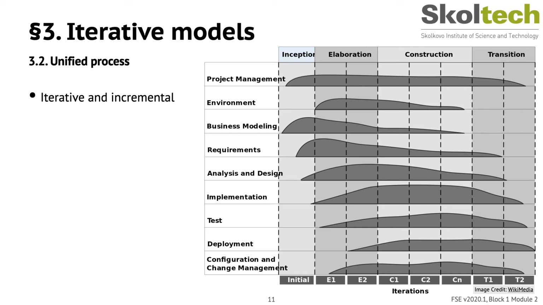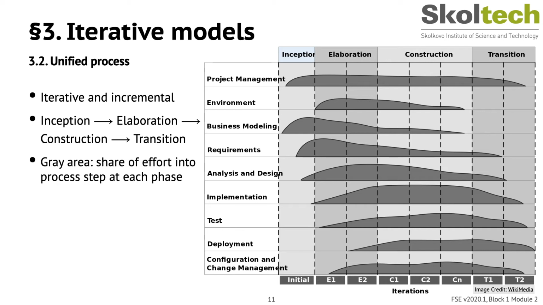And then the familiar software development process shows up on the y-axis. So among others, we have the requirements, analysis, design, implementation, and test. The amount of gray area under the curve defines how much effort you put during each phase into each process step. Let's look at this process in greater detail.